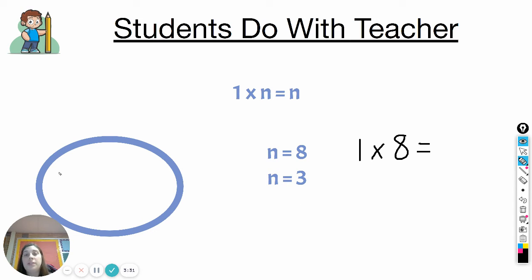You just need one circle because we only have one group. And put 8 dots in it. 1, 2, 3, 4, 5, 6, 7, 8. Now go ahead and solve the equation 1 times 8. Solve that on your whiteboard. What does 1 times 8 equal, or one group of 8?